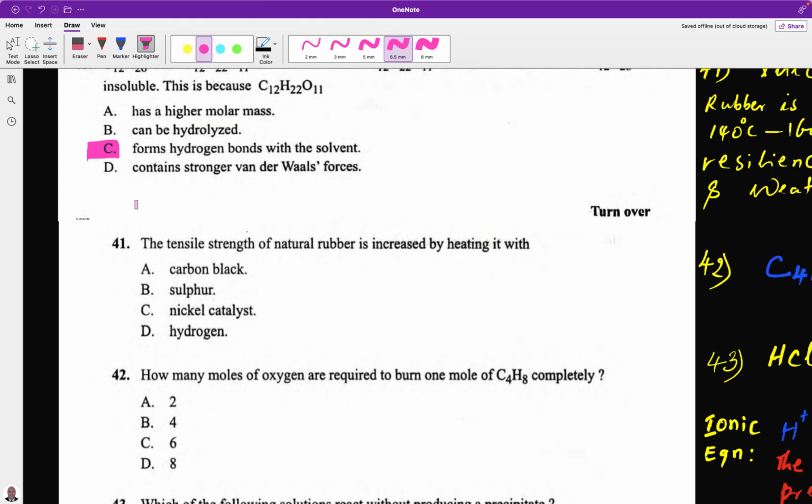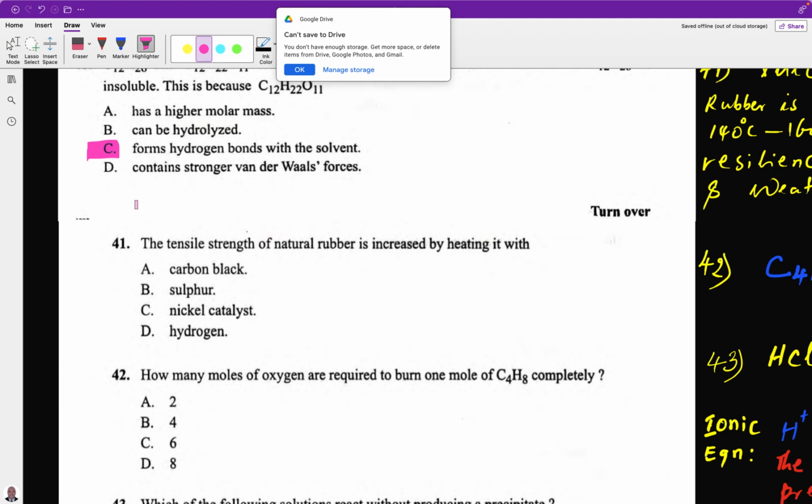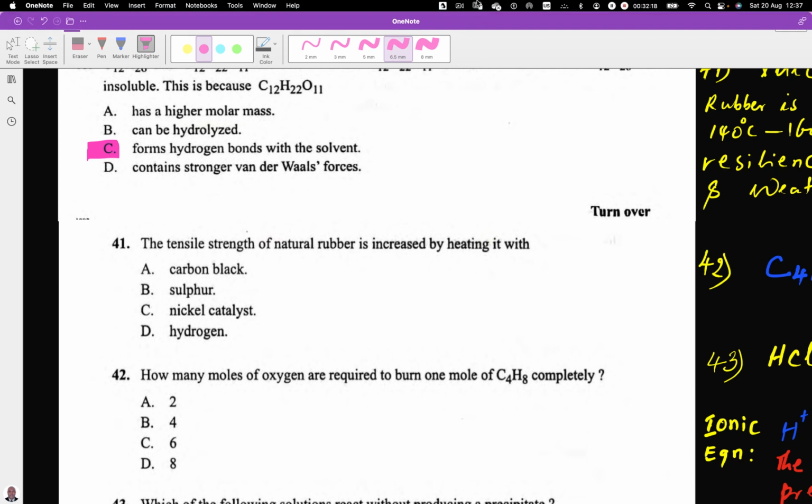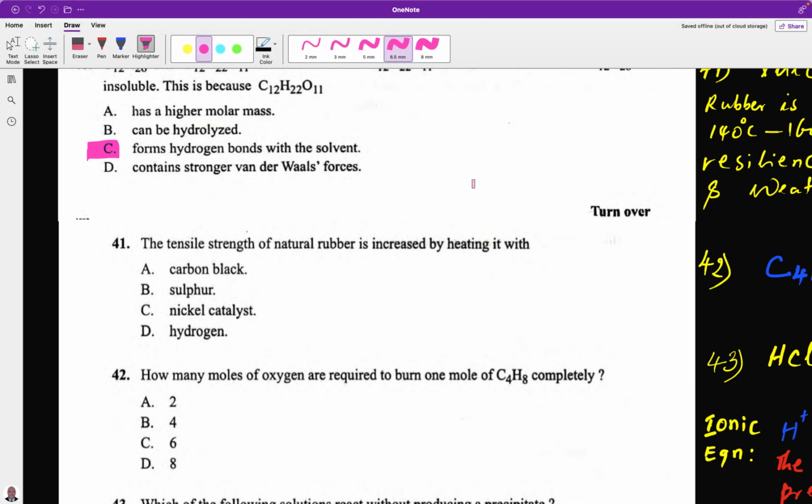Natural rubber, especially the one used to produce tires for our vehicles, what makes it have that strength? After receiving the rubber from the source, what gives the rubber that strength?